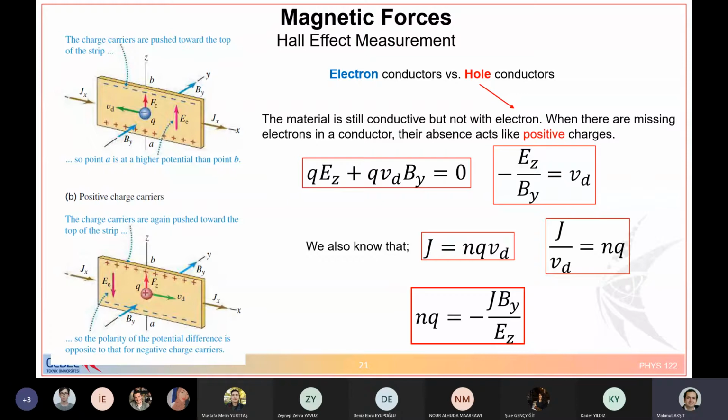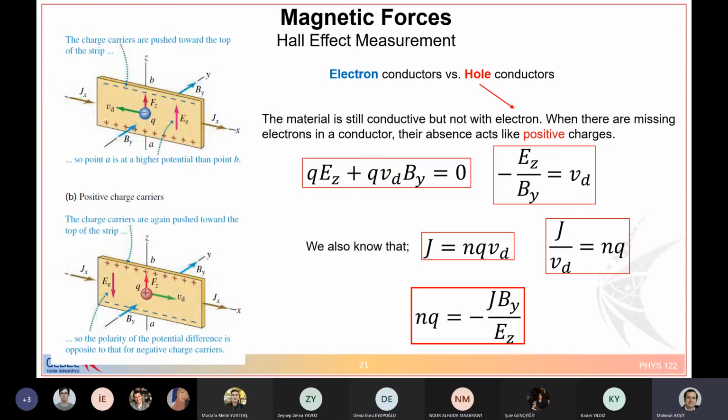The silicon donates some electrons to external atomic species, and the valence state becomes electron deficient, and we call that electron deficiency holes. Holes behave like positively charged particles. And some materials conduct with electrons, some conduct with holes.